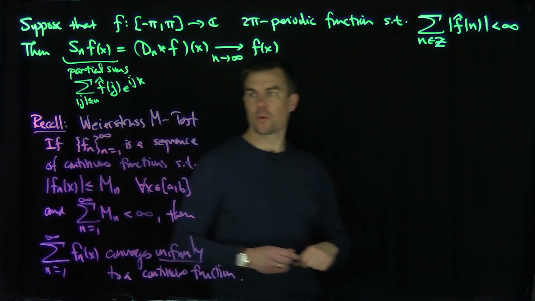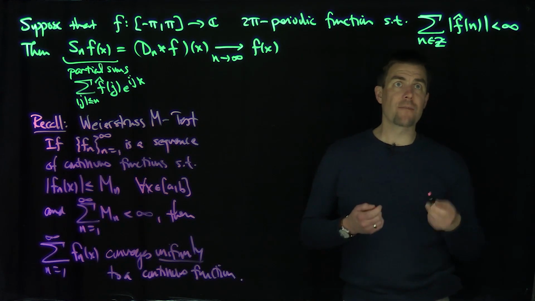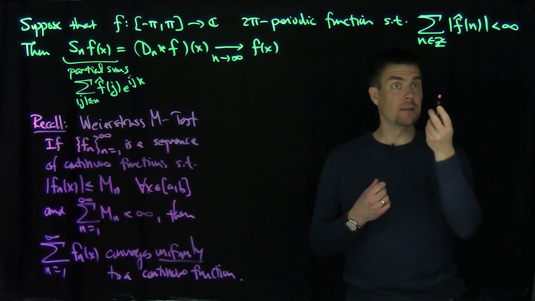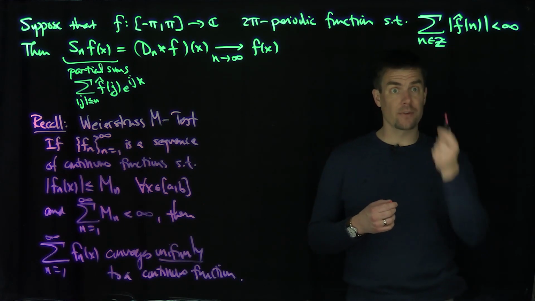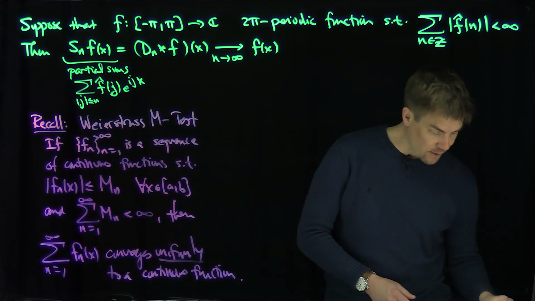Okay, excellent. That's the Weierstrass M-test. So now what do we have? We have a bound on the sum of the absolute values of the Fourier coefficients of f. So let's use that to our advantage now.